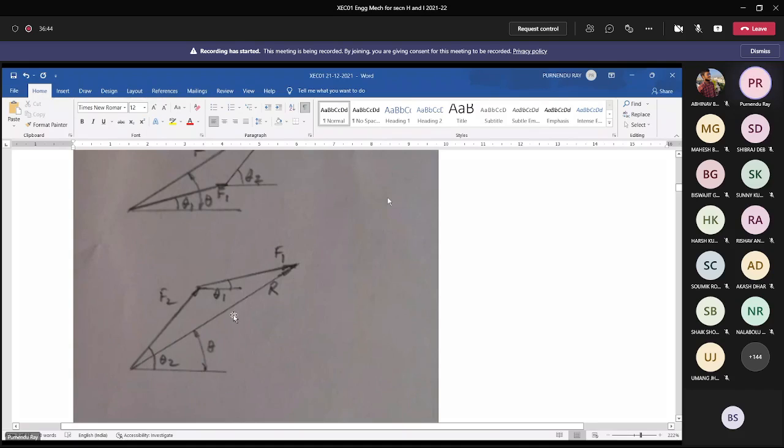Draw the first line, and from its terminals draw two circular arcs, one with this length as radius, the other with this length. Get the point of intersection, then join it with the terminal points of the first line. That's all. Next, suppose this line is given as 70 millimeter and this line as 50 millimeter. Now can you draw a triangle?